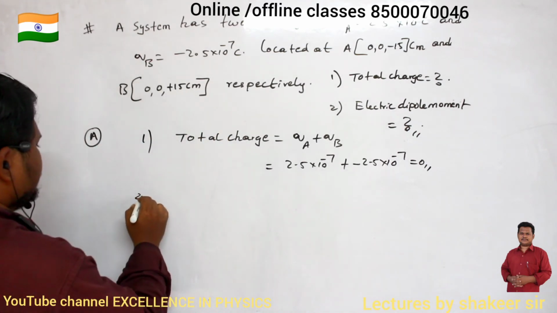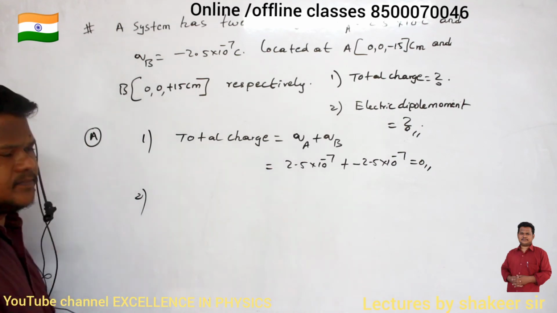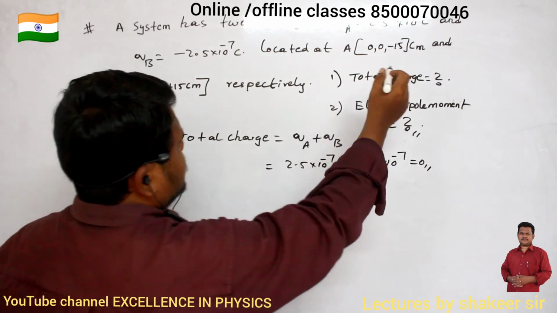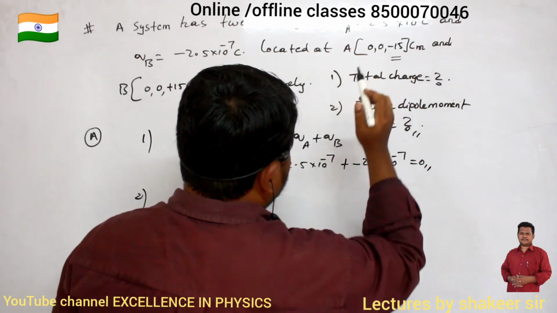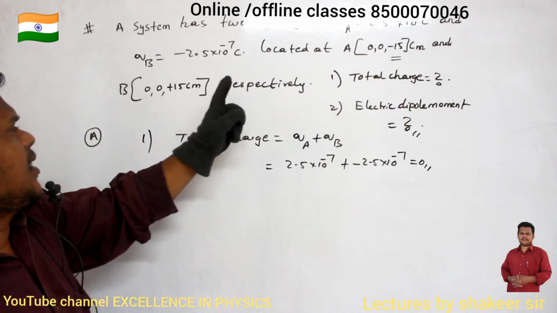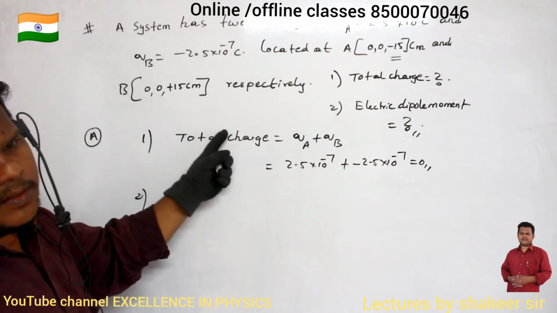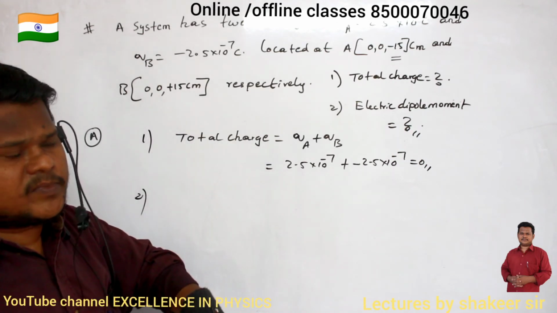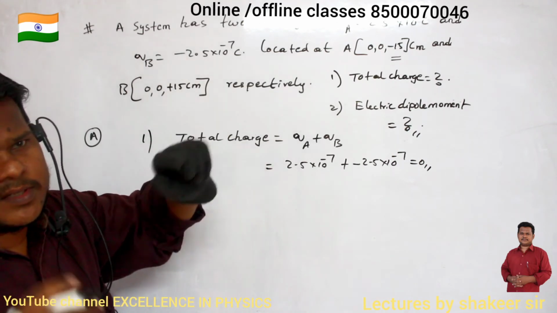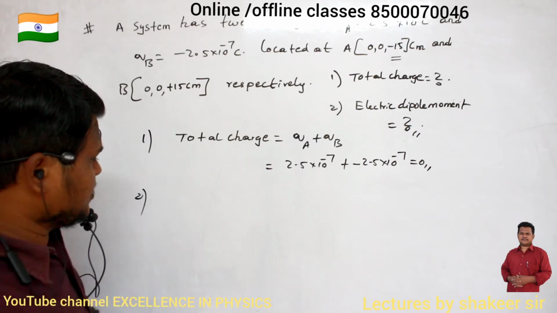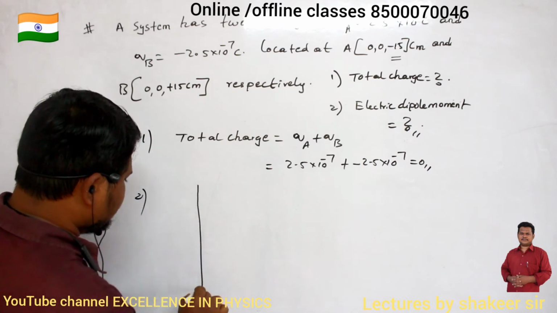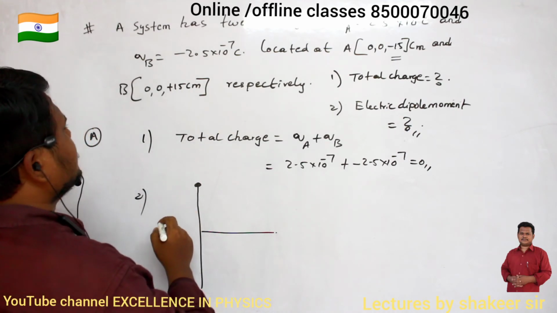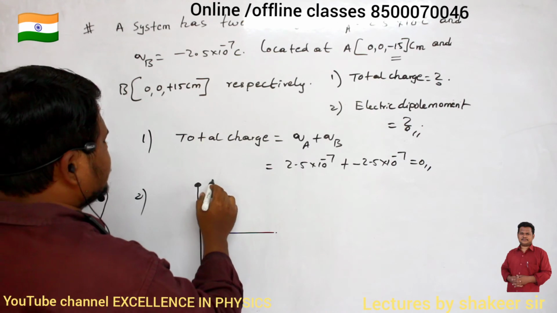Next one, dipole moment. See how these charges are arranged. The first charge is present on the negative z-axis and another charge is present on the positive z-axis, so both are on the same axis. If this is my z-axis and this is the origin, QB is present here.